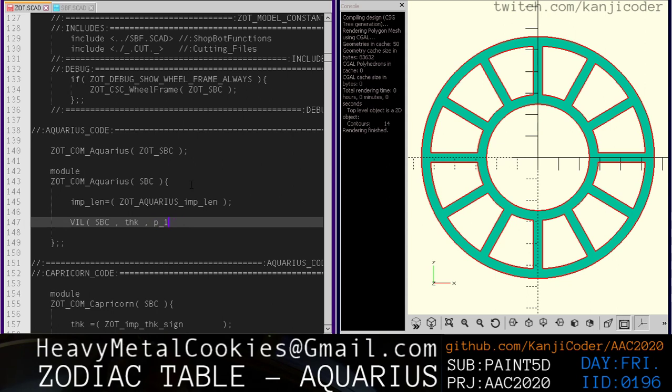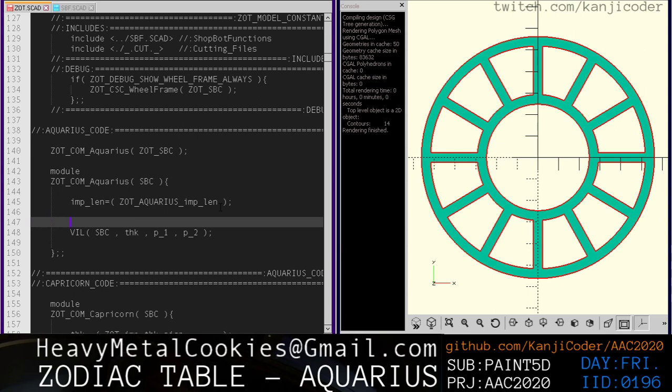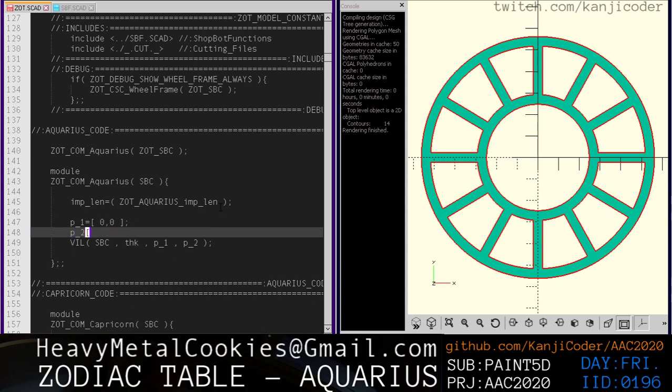I'll just call it point 1 and point 2. Let's not worry too much about that. Where's point 1 going to be? I don't know, we can just make it at 0, 0 for now. And then point 2, we can try like 45 degrees.